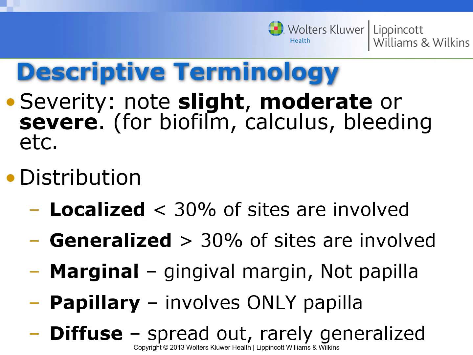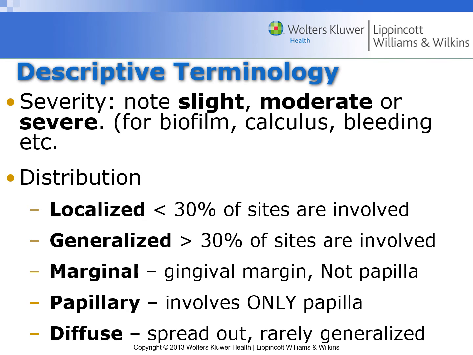The distribution, if it's localized, it's usually less than 30% of sites are involved. So if you take 32 teeth, you're going to be talking about 9 teeth or so in the entire mouth.